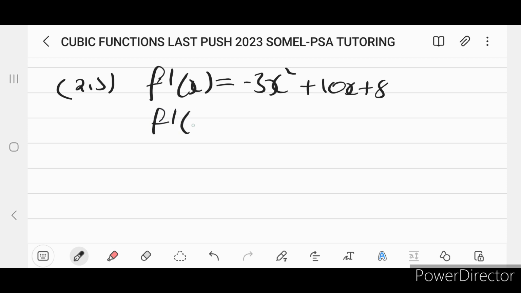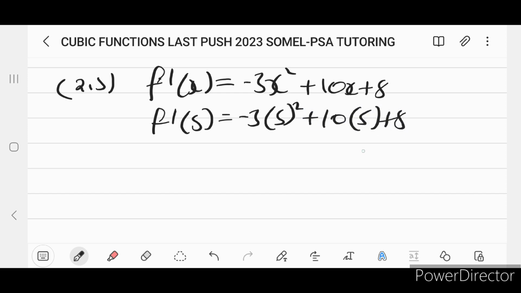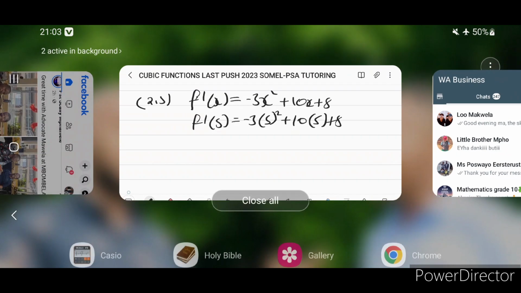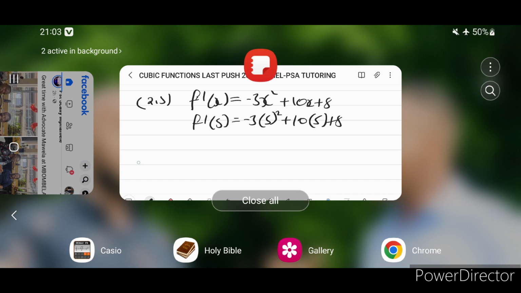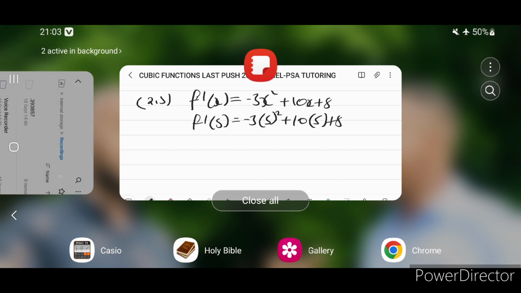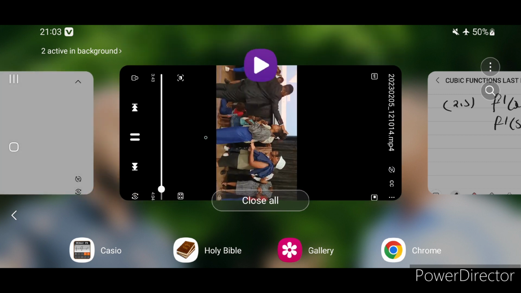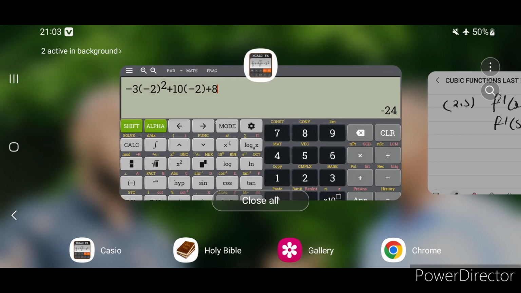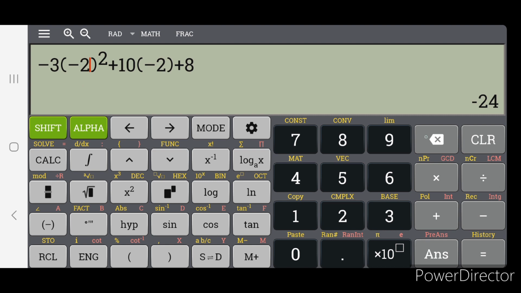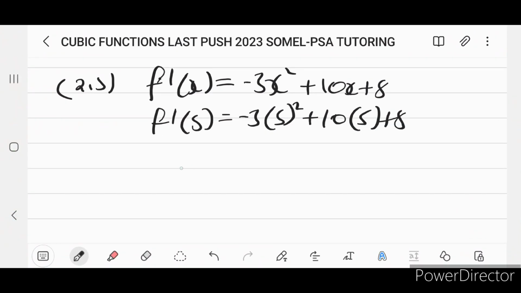So we want the gradient at x equals 5. Let me delete some of these things. I'm sorry for that. At x equals 5, it's minus 17. So the gradient is minus 17.